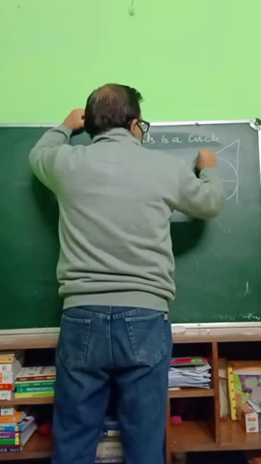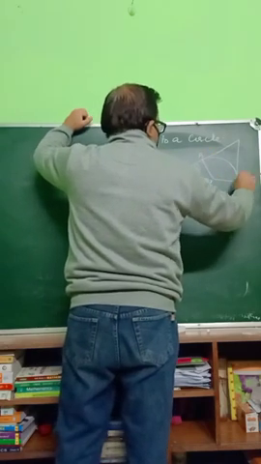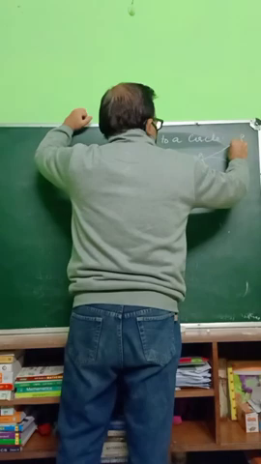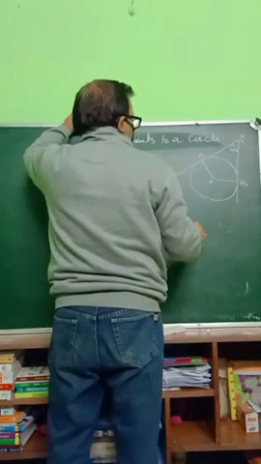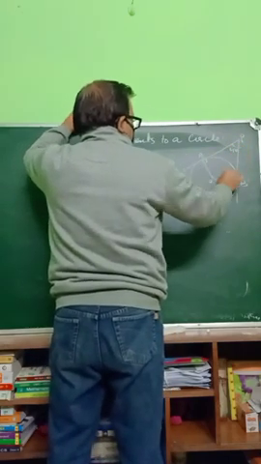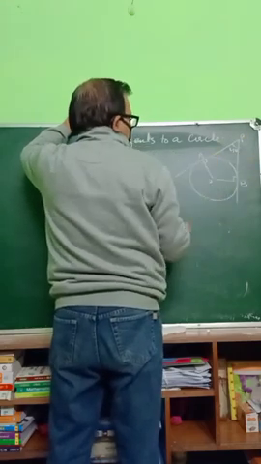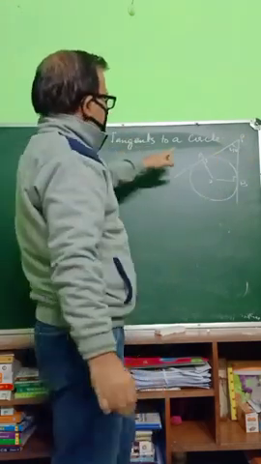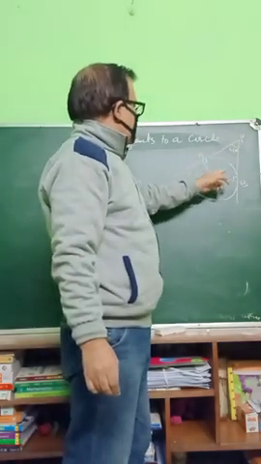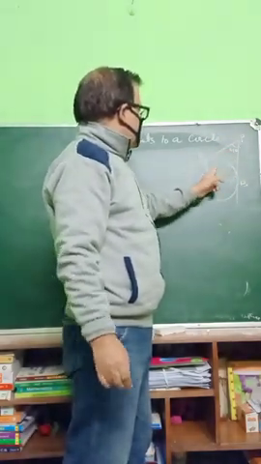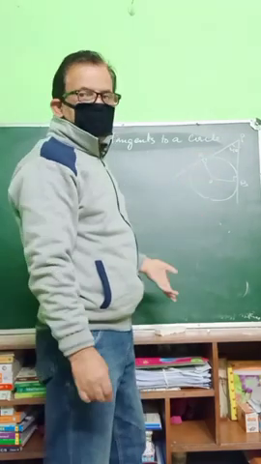This is A, this is O, this is B, this is P. This angle is 40-degree. This angle we know already, this is 90. This also we know, this is 90. So OBPA is a quadrilateral. The sum of the angles of a quadrilateral is 360. So we will add these three angles and subtract from 360. We will get angle AOB. That is what we have to do.